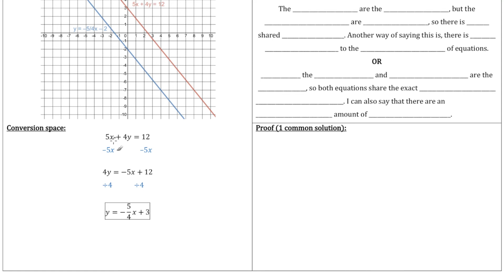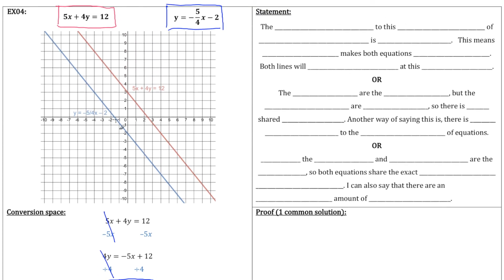Dividing minus 5x by 4, I get y equals negative 5 over 4x plus 3. And I graphed it. If you can tell, these lines are parallel. So they never, ever touch, which means they never share the same solution.